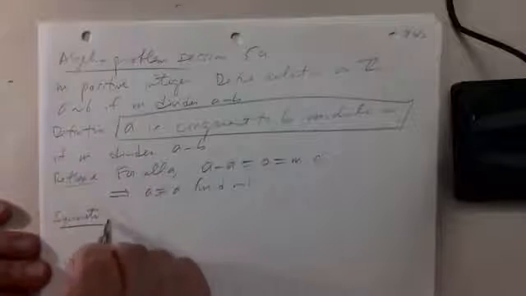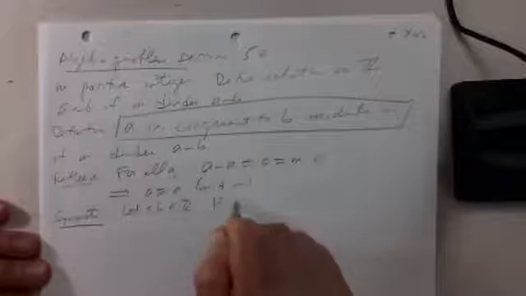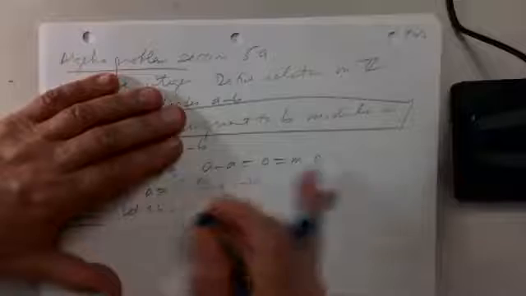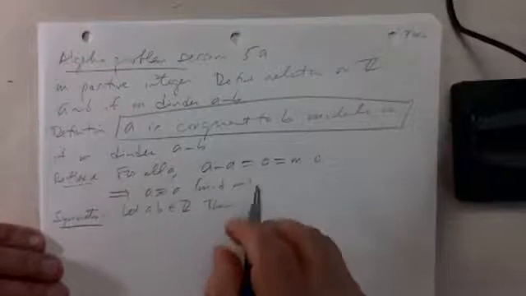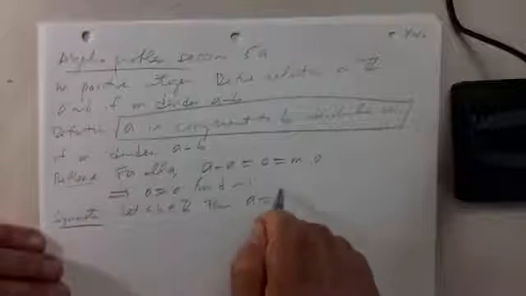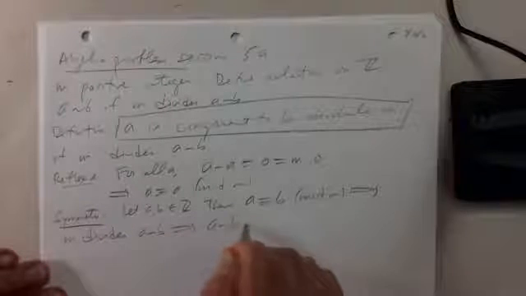Why is this relation symmetric? Let a and b be integers. Then we have the following sequence of implications. If a is congruent to b mod m, that means m divides a minus b, which means a minus b is m times q for some q.